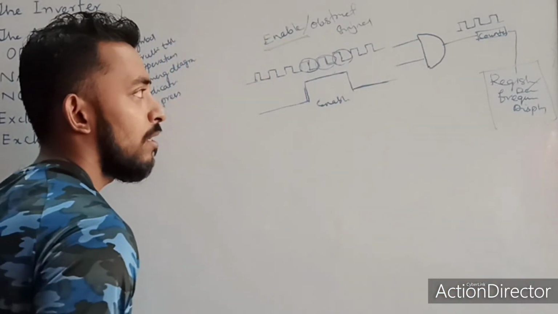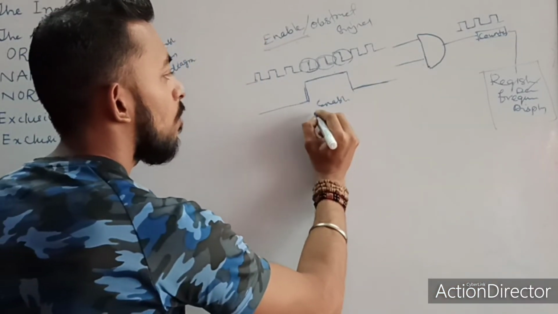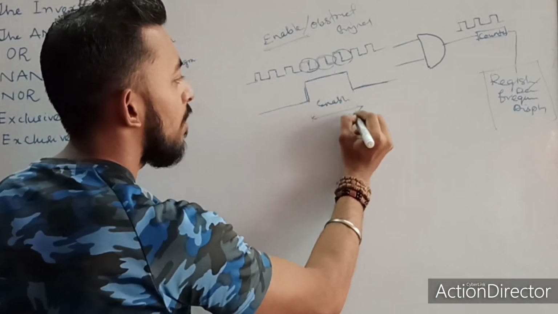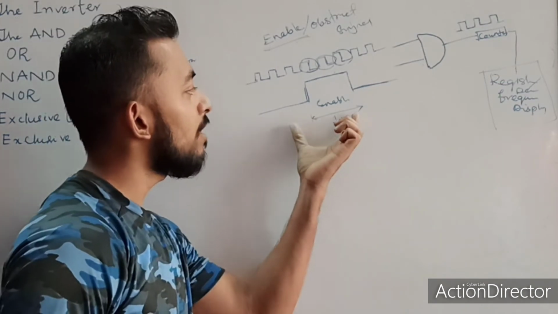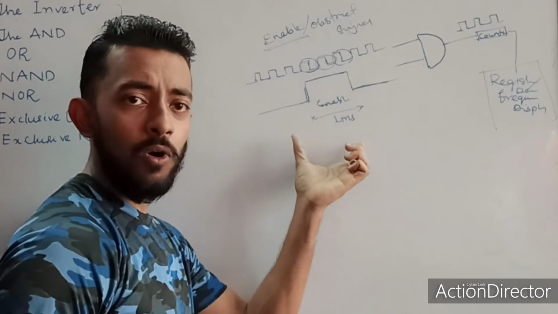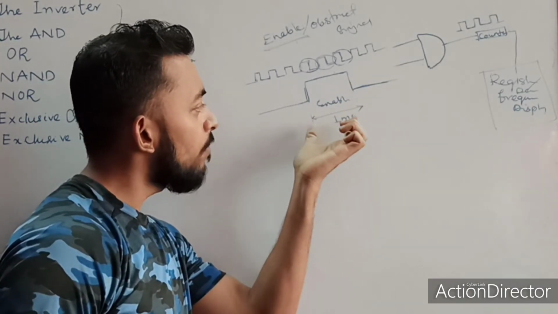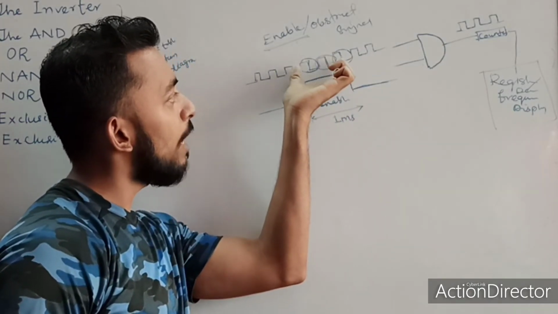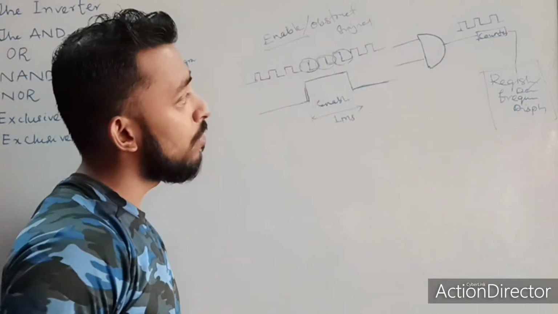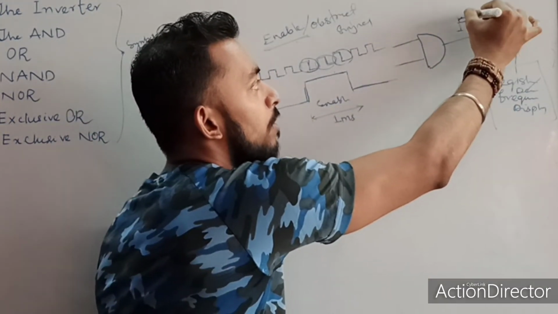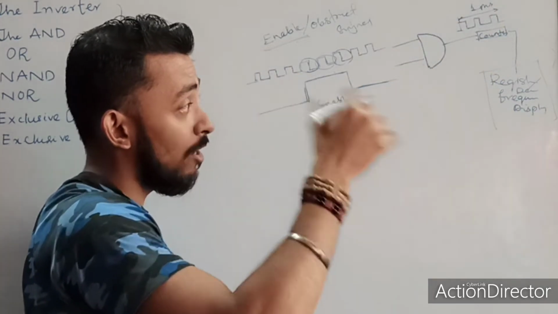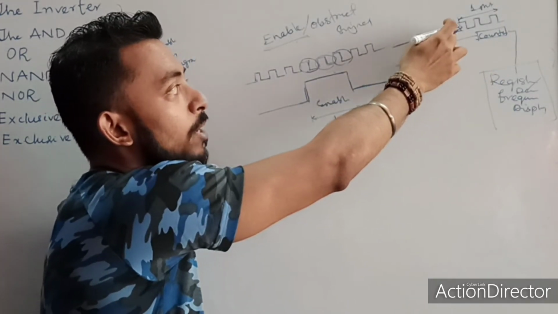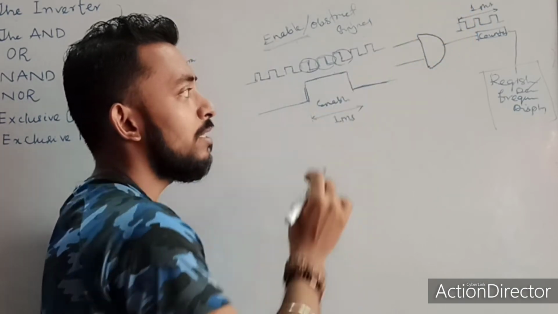Now let's understand what is happening. Suppose it is enabled for a time period of 1 millisecond. For this 1 millisecond, the second input is on. It means only for this time interval will the input applied to the first be transferred to the output. These are the pulses at the output side. That means there are 3 pulses at my output in this interval.